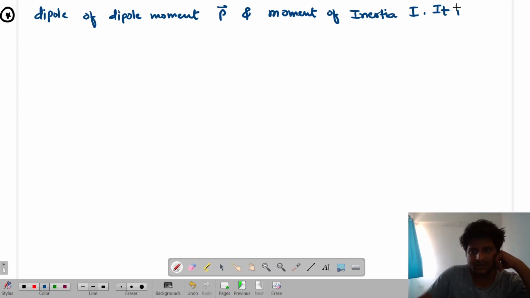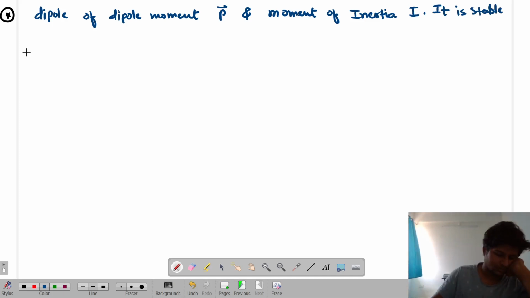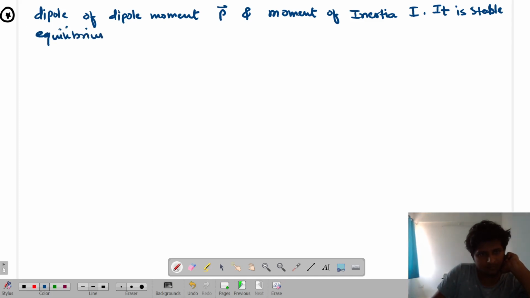And it is stable. It is in stable equilibrium in external electric field E.